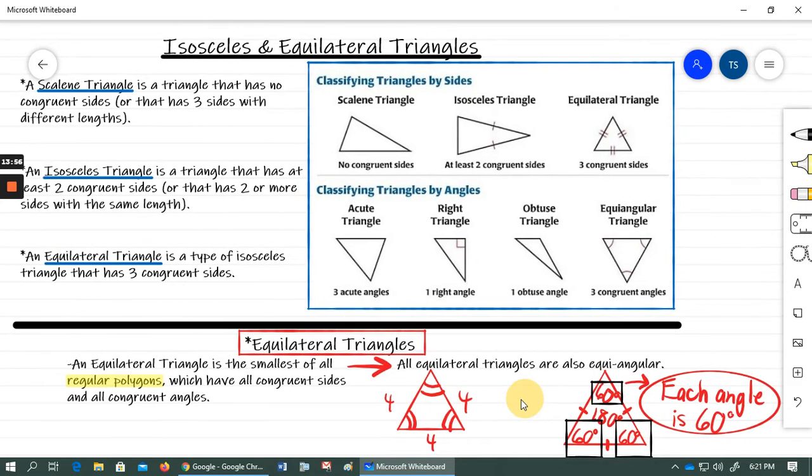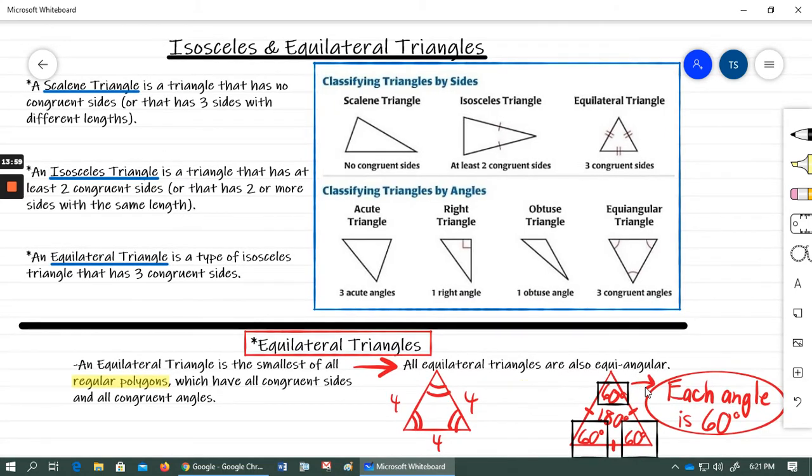And guys, the opposite is true as well. Whenever you have an equiangular triangle, where all three angles are the same, each angle will be 60 degrees.